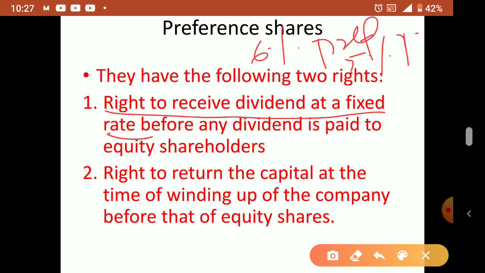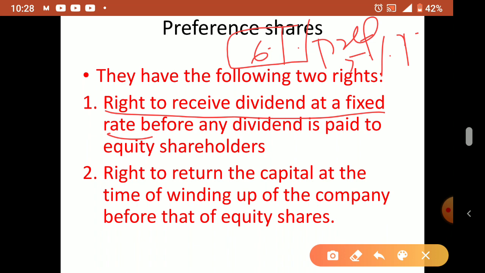Like that, one percentage will be there in front of the name of that particular share. Suppose it is 6% preference share, this 6% is the dividend rate. 10% preference share means 10% is the dividend rate. This dividend is fixed. 6 means out of 100 rupees, if company is earning profit of rupees 100, 6 rupees they will get. Clear?